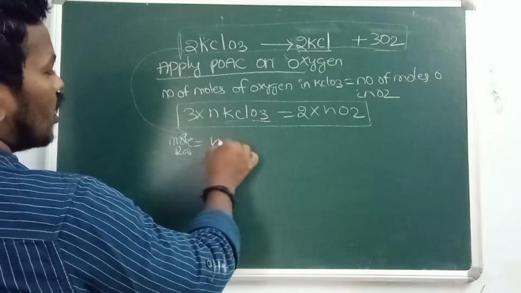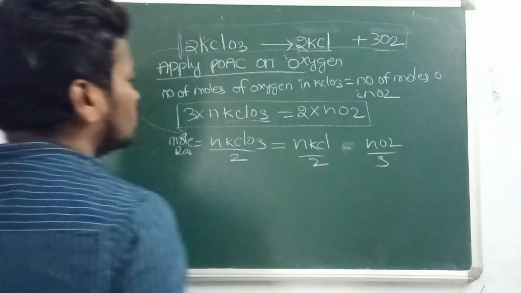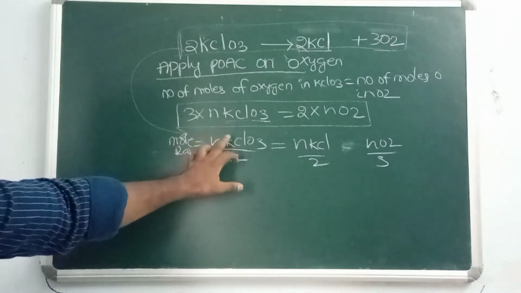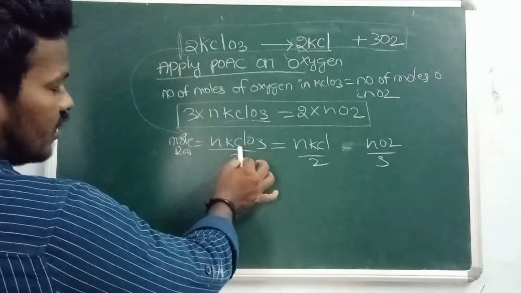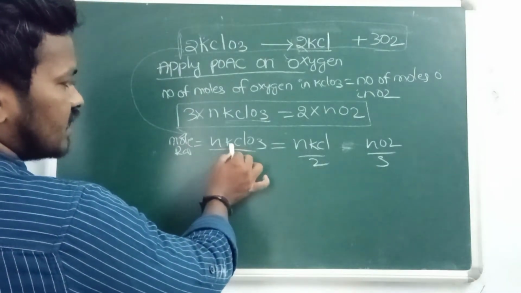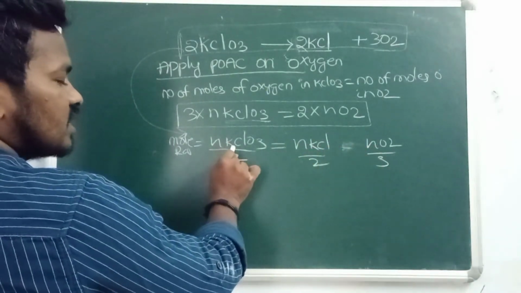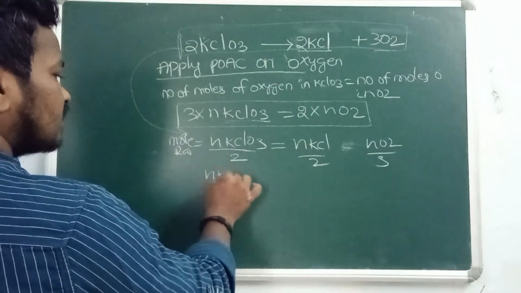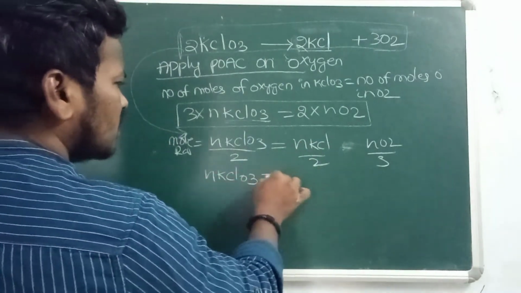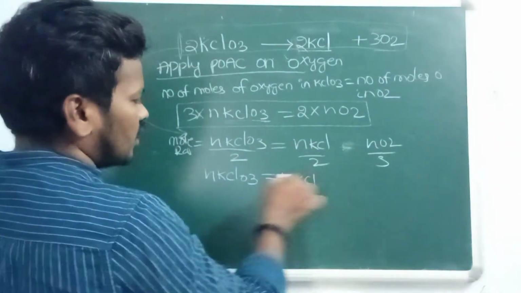So n KClO3 upon 2 is equal to the others. Now for example, we want the relation of n KClO3 with n O2, you can equate both. Otherwise n KClO3 and n KCl also you can equate. For example, n KClO3 is equal to n KCl, as the 2 gets cancelled.